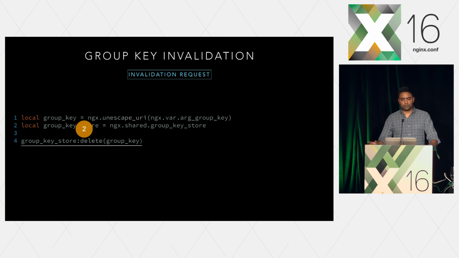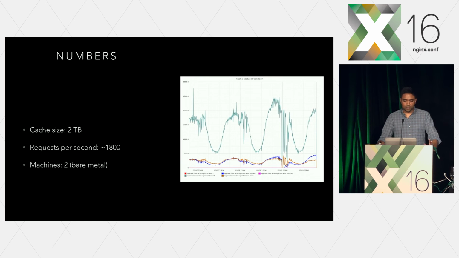And by taking advantage of Nginx as the core caching server and by layering some Lua logic on top of it, we built a group invalidation server. And just sharing some numbers, we ran this cache. We didn't run it in production, but we teed production traffic from the load balancer and sent it to this tier.